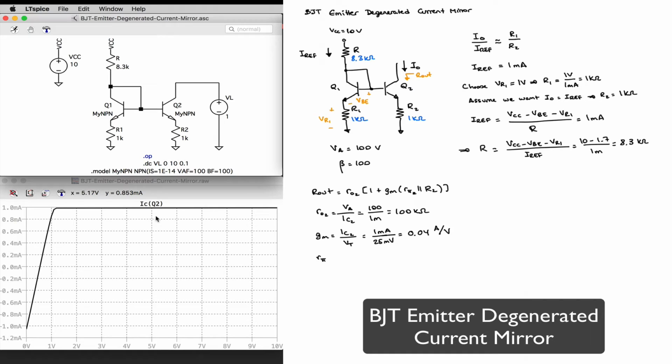R pi 2 is going to be beta times little r2, or beta divided by gm2, which we have already calculated. But let's go ahead and recalculate that way. So 100 times 25 milli, little r2 obviously is going to be thermal voltage divided by quiescent collector current. So 25 millivolts for the thermal voltage divided by 1 milliamp. And that's going to be 2.5 kilo ohms.